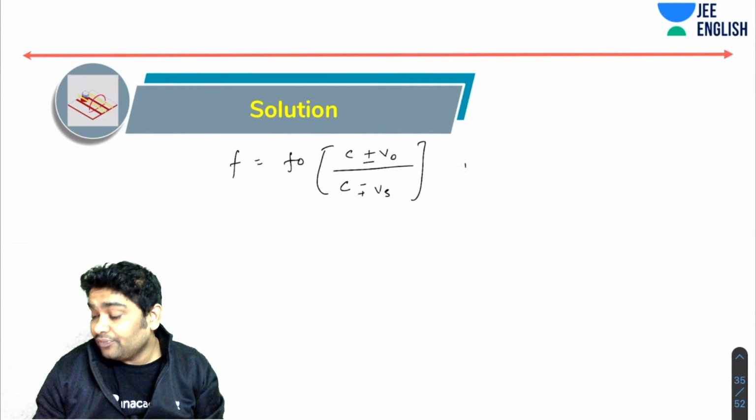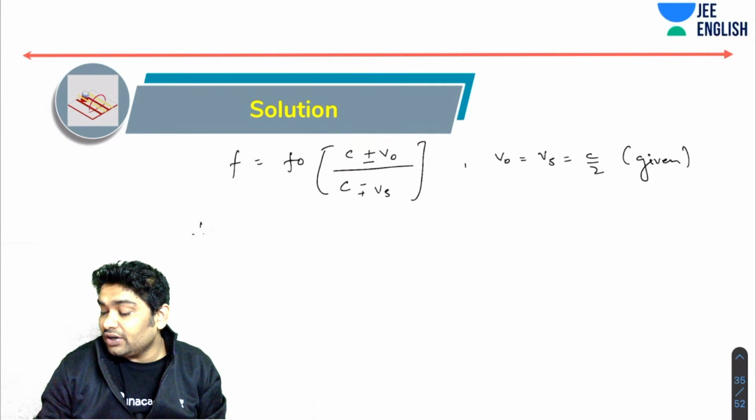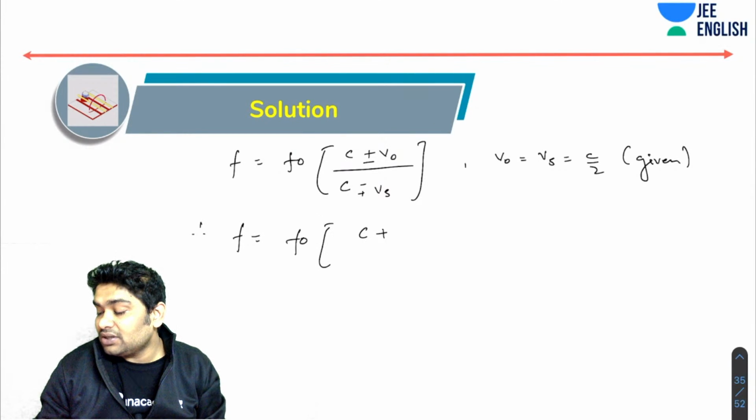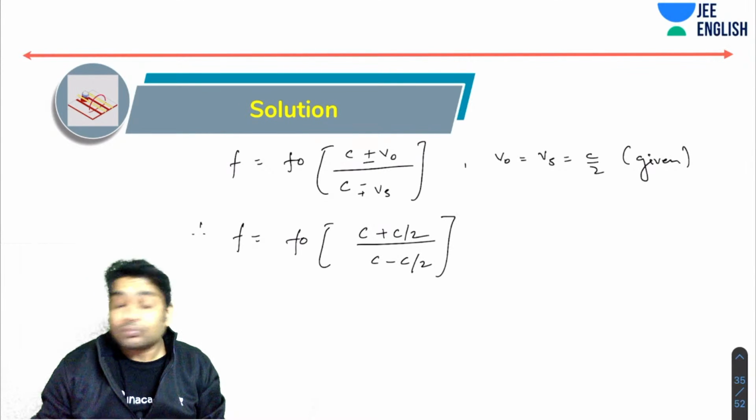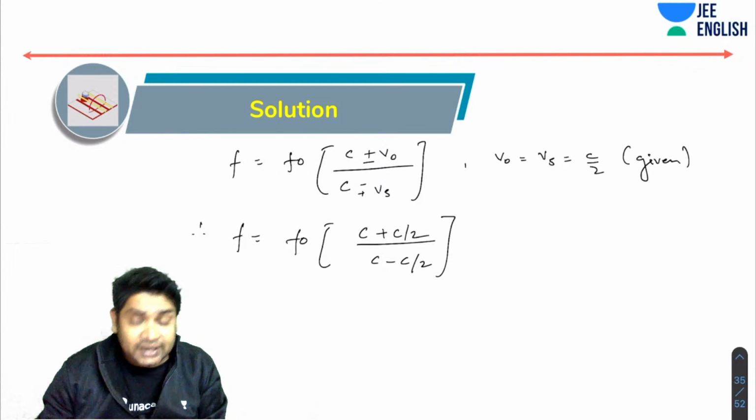So I know VO equals VS equals C by 2. That is given. So therefore, what is my F? F becomes F naught times C plus C by 2 over C minus C by 2. Since both are approaching, both values would be taken as positive, both would cause an increase in frequency.